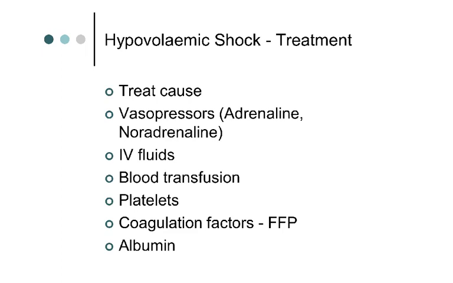We may also need to support our patient's blood pressure with vasopressors initially to maintain a blood pressure. So as we discussed earlier, our body releases adrenaline to help increase systemic vascular resistance, thereby increasing blood pressure.